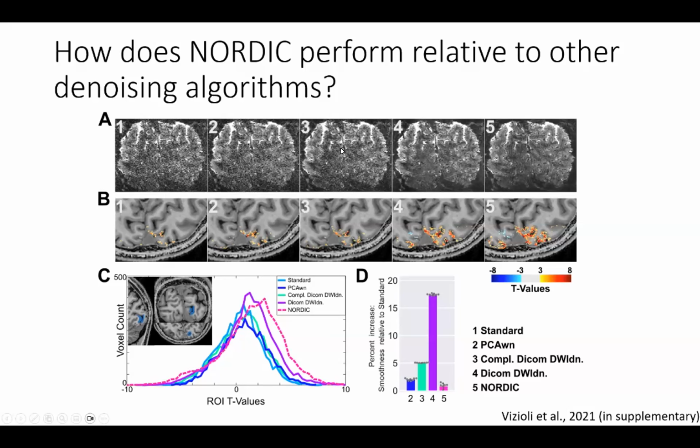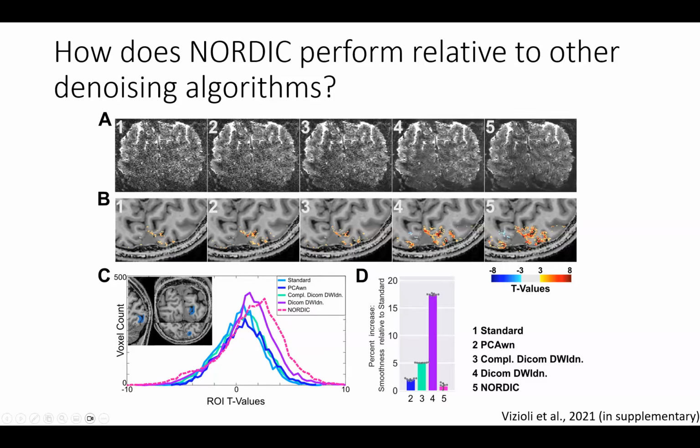We've got DWI denoise with complex data, so with image and phase data. Then you've got DWI denoise run only on magnitude data, and then we have Nordic here on the right-hand side. And you can see that really both DWI denoise and Nordic lead to the best image quality.